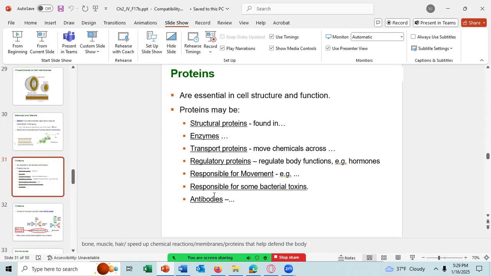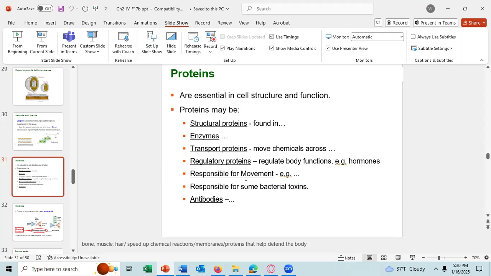But all the others can be found in every cell, if the cell moves, of course. Any question about that? Do you notice that proteins are more diverse and serve more functions than any of the other biological molecules? That's simply a yes or no question. Hopefully somebody will answer.